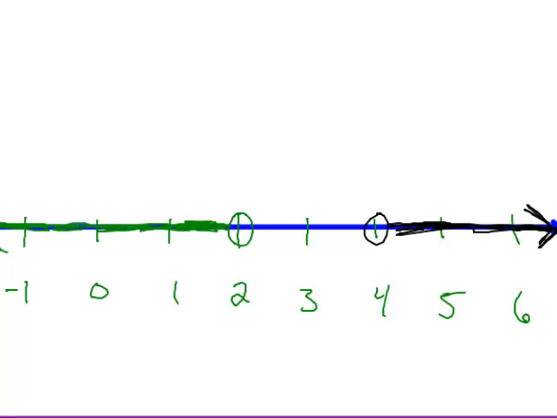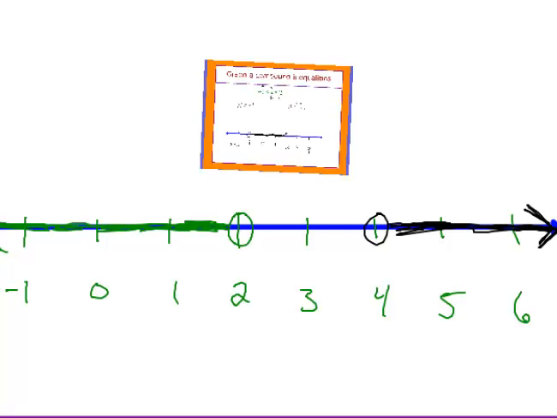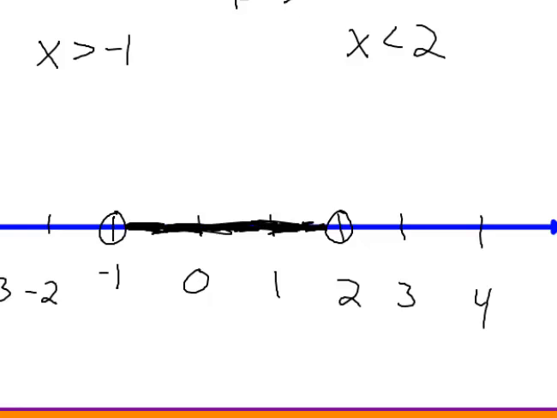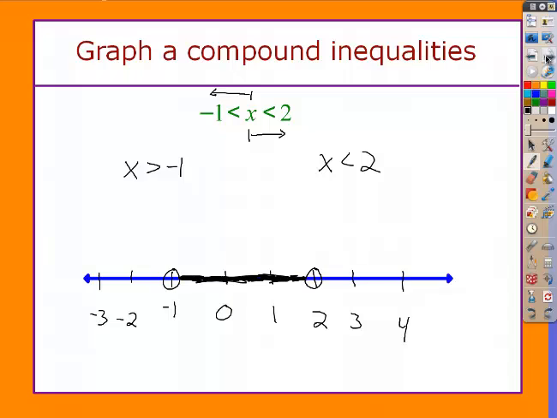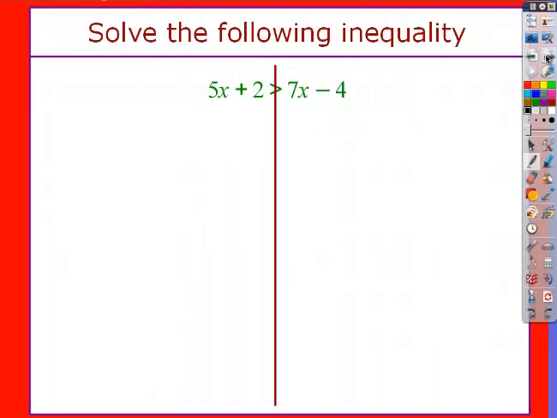That's how I know. So this is an OR where the graphs point in opposite directions. And this is going to be an AND inequality because there's an overlap. Okay, so compound inequalities can be a little bit on the tricky side, just simply because we have to pay attention as to whether we have an OR inequality or an AND inequality.